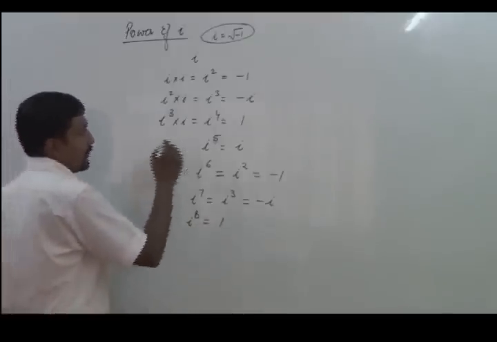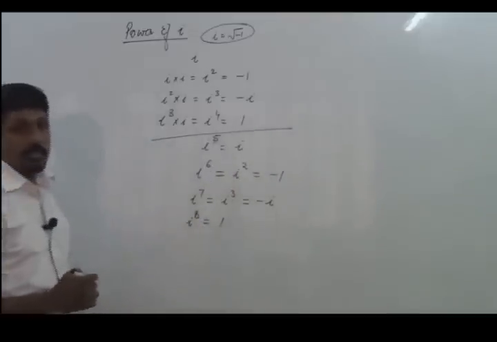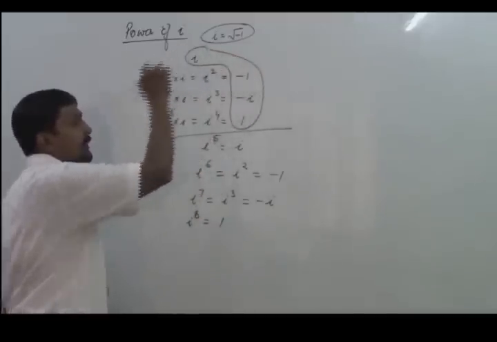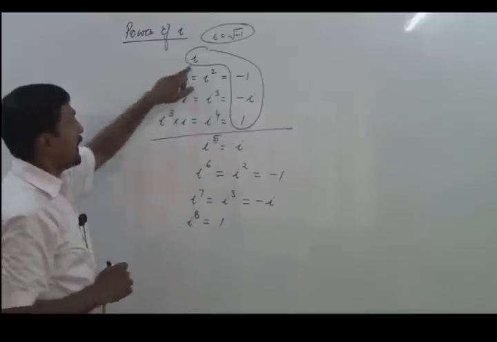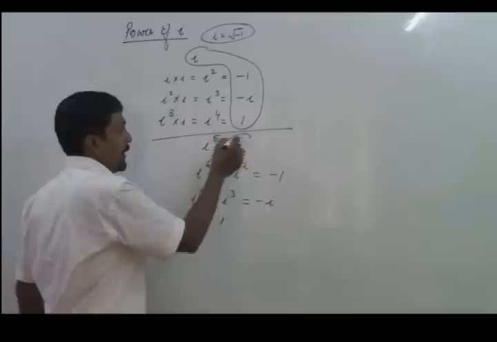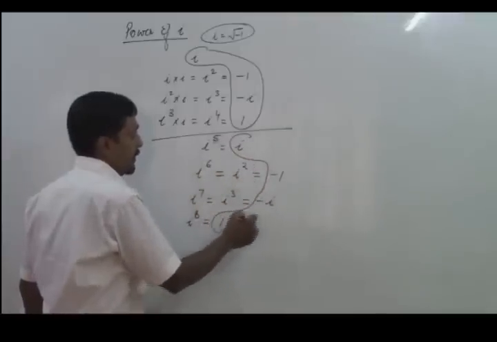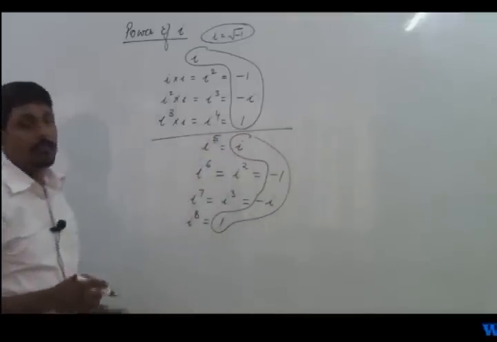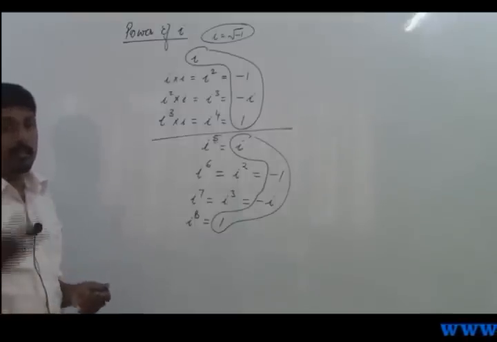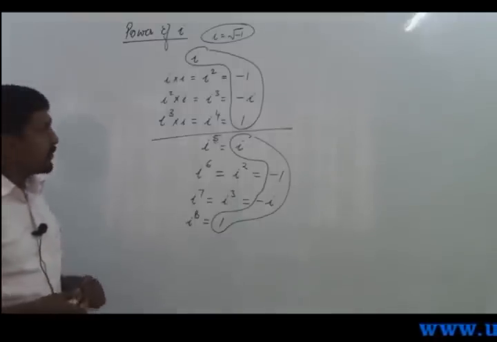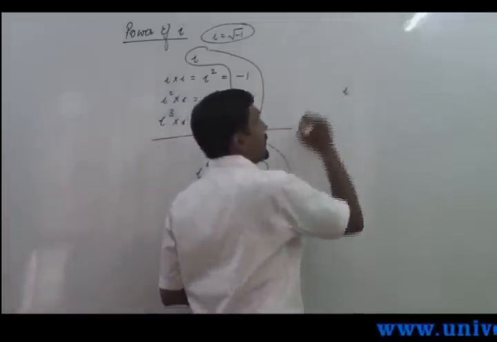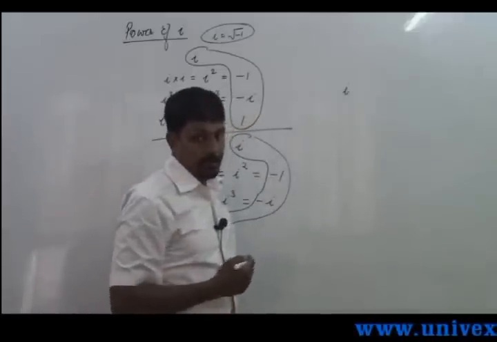So what we observe is that after a certain period we get the same values: iota, minus 1, minus iota and 1. Same way again iota, minus 1, minus iota and 1. So after every 4 powers we get the same values. Using this concept, we can find any power of iota.